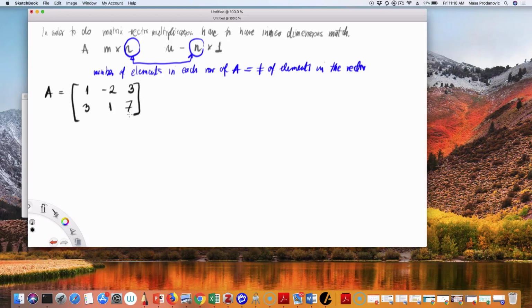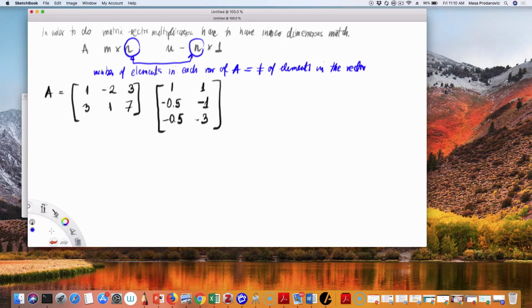And I'm going to multiply it with B, which is going to have 2 columns. 1, and just for kicks, I'm going to put minus 0.5 and minus 0.5, so that we deal with a little more real numbers, though it's not terrible. So this is my B.